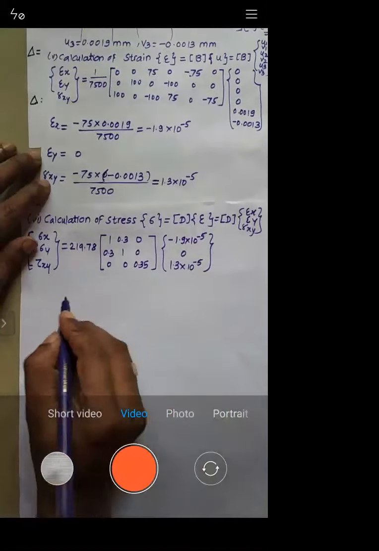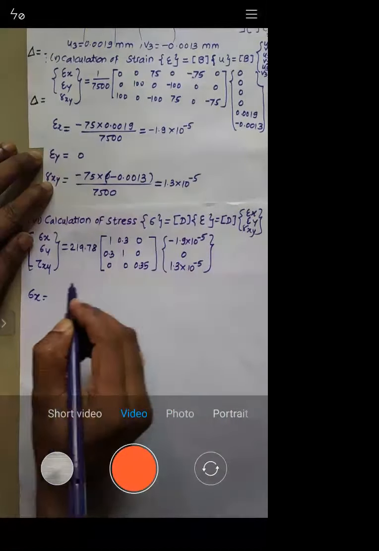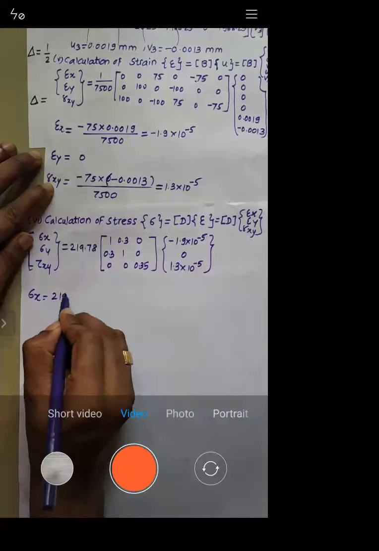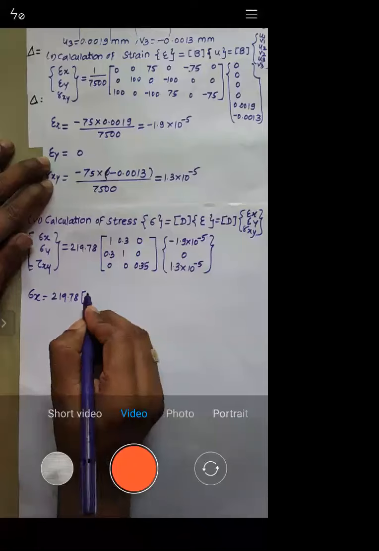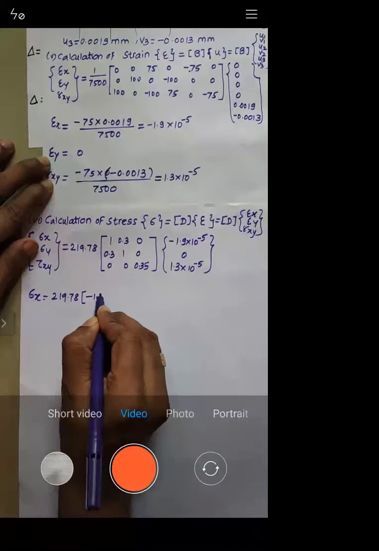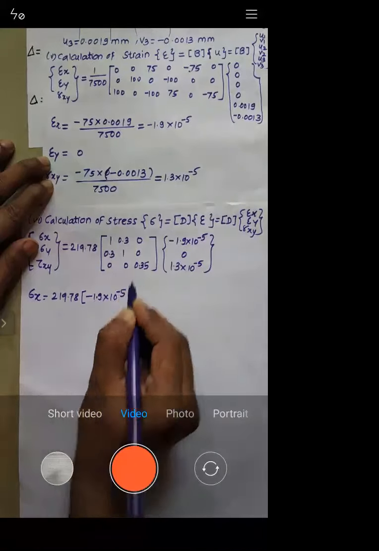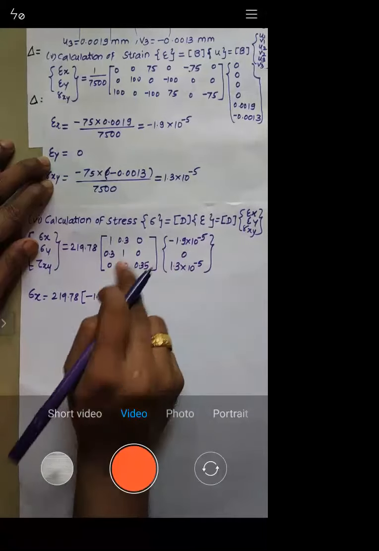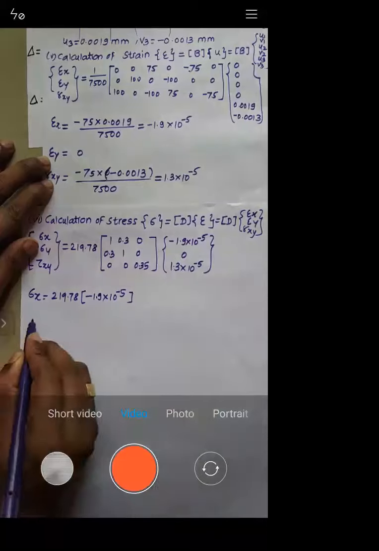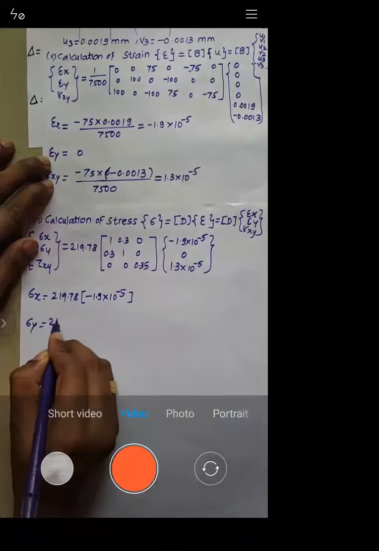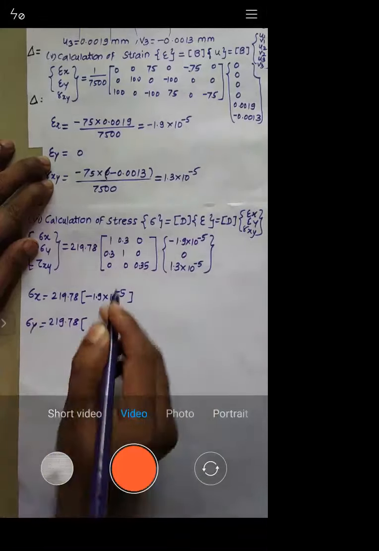So tell me how much it is coming. Sigma x. This is 219.78. This is to be multiplied by this into this, right? So 1 into that, it is minus 1.9 into 10 raised to power minus 5. 0.3 into 0 is 0. 0 into this term is 0. So this you will get. Similarly, sigma y. This is 219.78, 0.3.